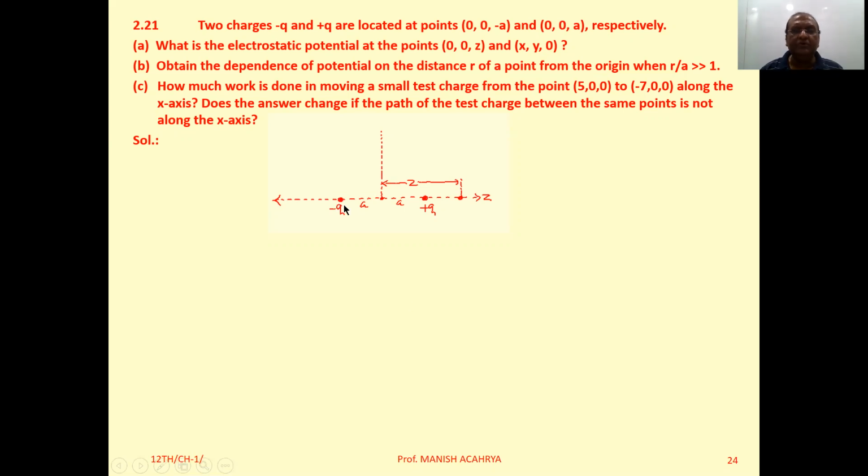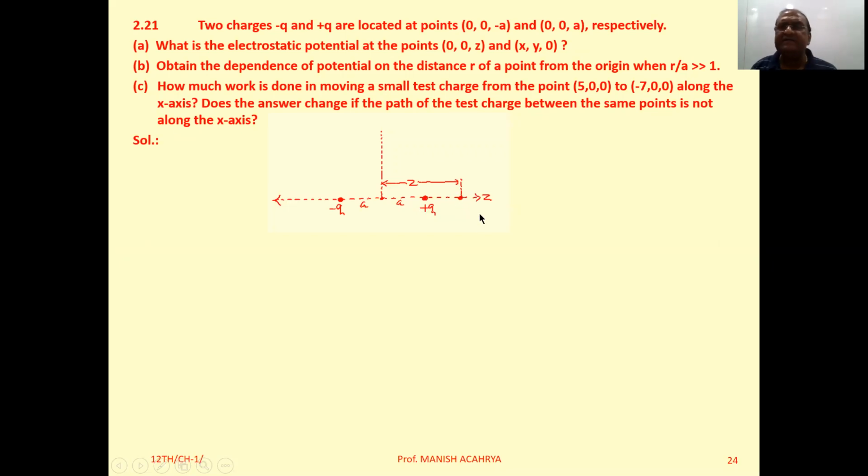So minus q is at distance a on the negative z axis from the origin and plus q is at distance a on the positive z axis. Now first we want to find the electrostatic potential at the point (0, 0, z). So here consider the point on the z axis at a distance z from the origin.